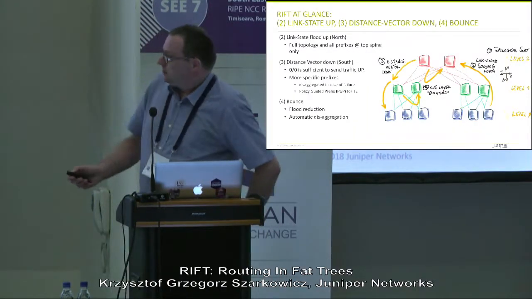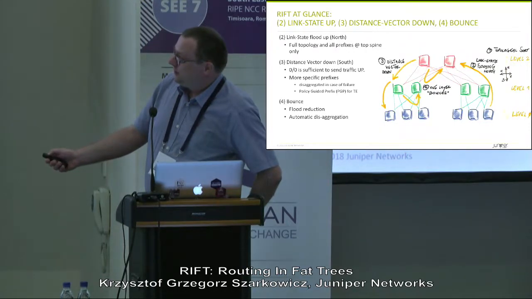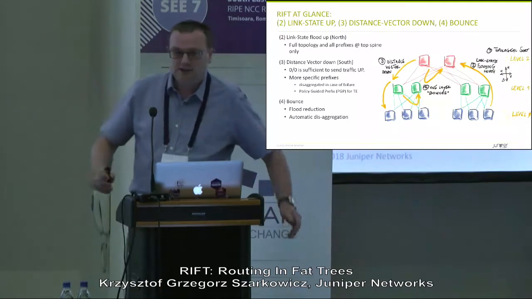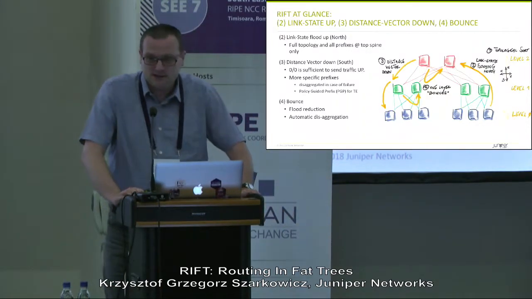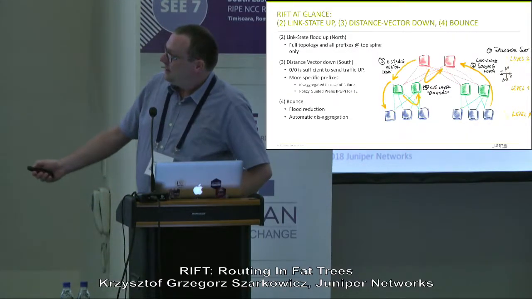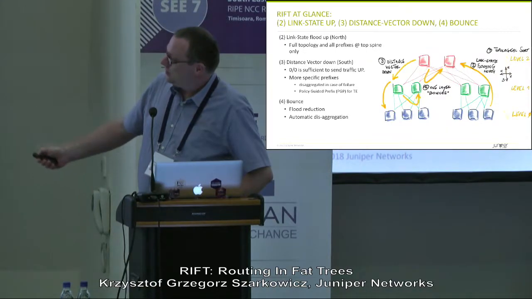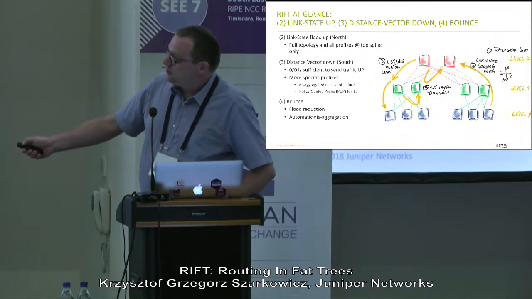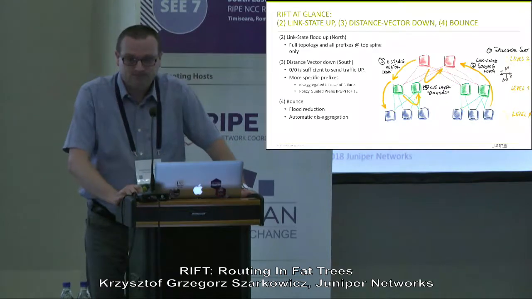We have link state in the north direction. So from bottom to top, from south to north, in this direction, this protocol behaves as link state. This is the major statement. And from top to bottom, in the south direction, this protocol behaves as distance vector.